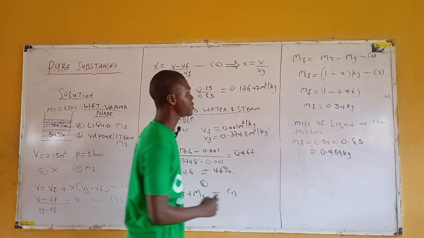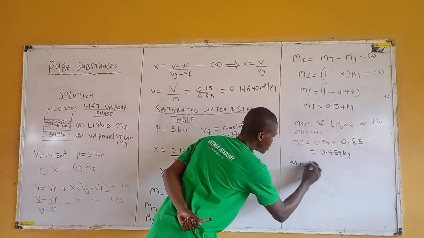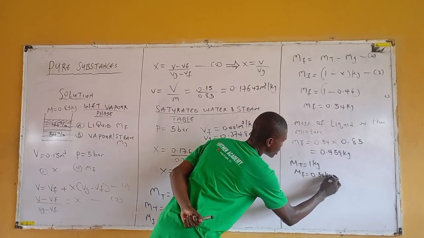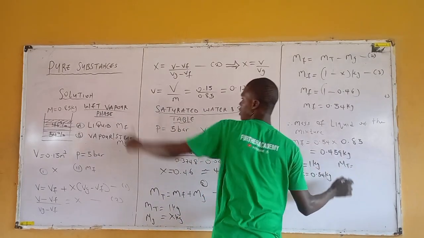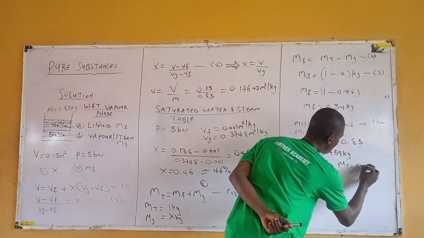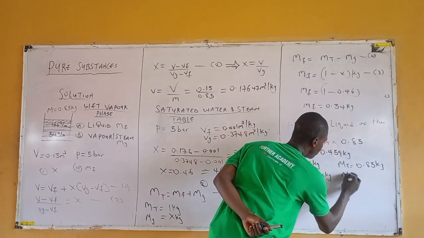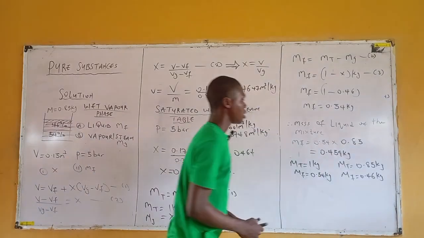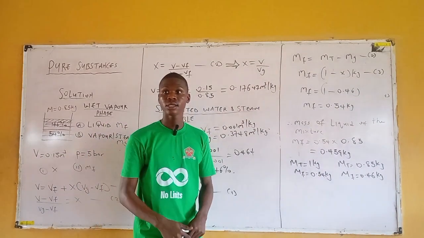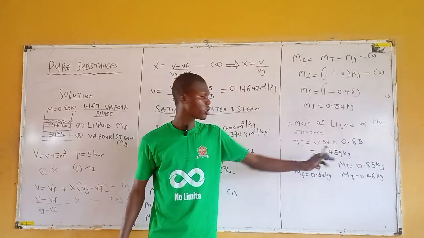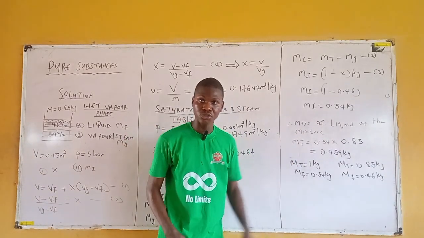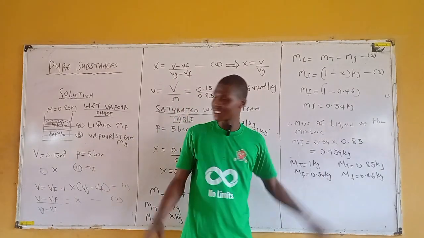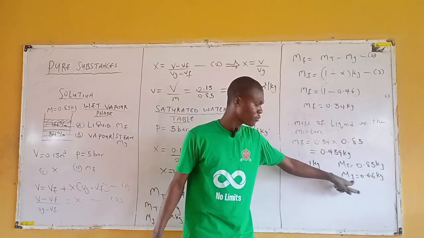So now doing comparison, when the total mass is 1 kg, the mass of liquid we got is 0.54 kg. When the total mass, following our own question, is 0.85 kg, the mass of liquid present is approximately 0.46. Can you now see the difference? When the total mass is 1 kg, see the mass of liquid we got. When the total mass is what we have from the given question, see the mass of liquid we got.